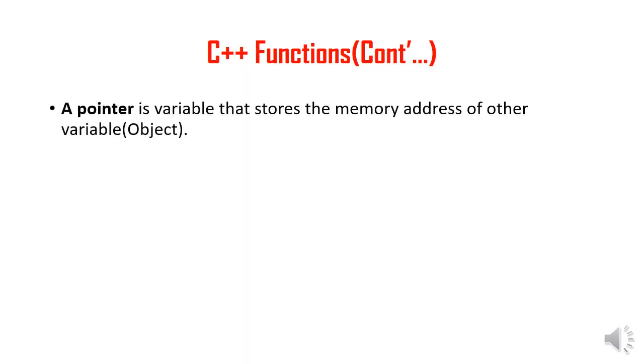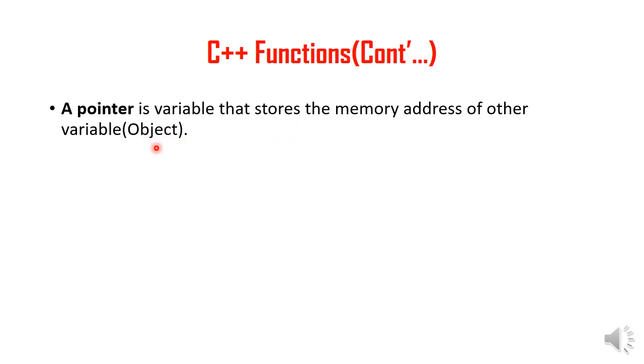So what is a pointer? Because once we call a function by reference, we will also use pointers. That is the reason why I want you to understand what a pointer is. A pointer in computer programming is a variable which stores the address of another variable.